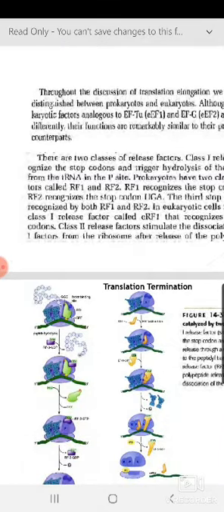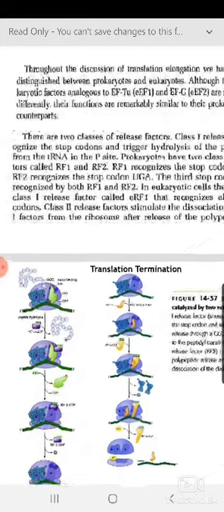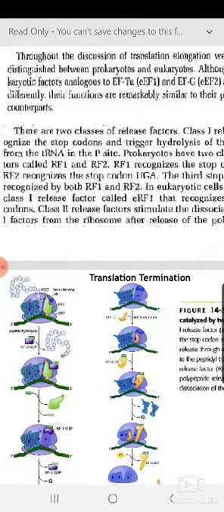Now, once the elongation is finished, the last part of the translation mechanism is termination. Now, there are two classes of release factor. As we know, protein synthesis will proceed until it encounters a stop codon, and you know that there are three stop codons. Once it encounters the stop codon, there is no tRNA specified for this particular stop codon, so protein synthesis halts there.